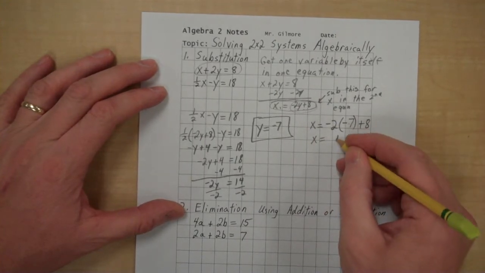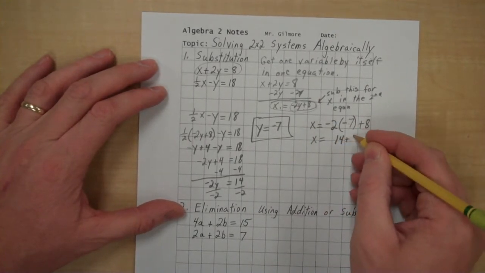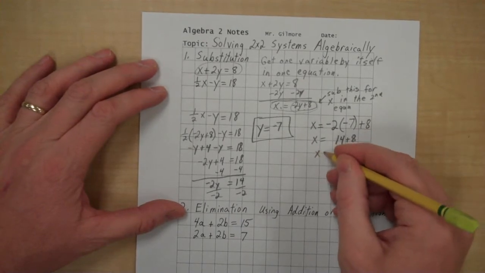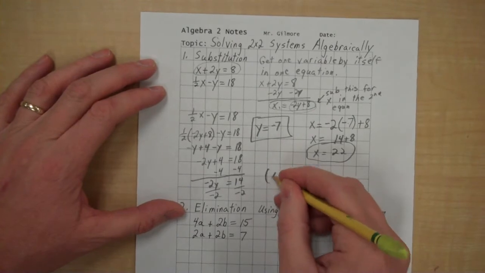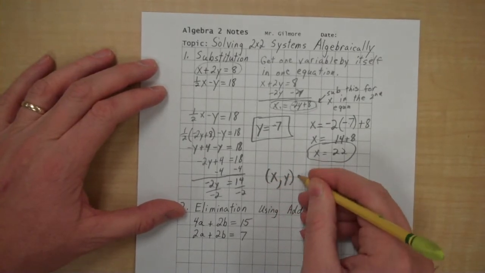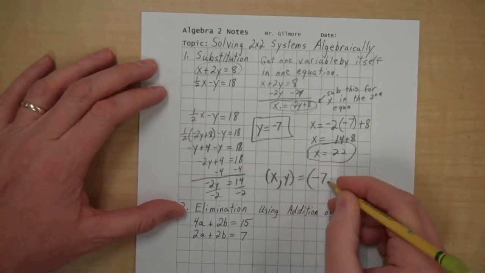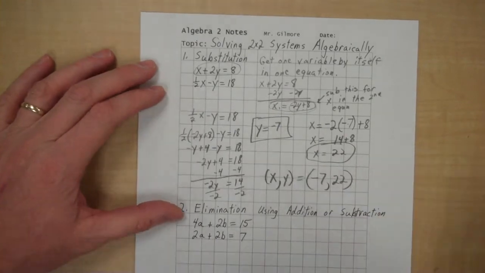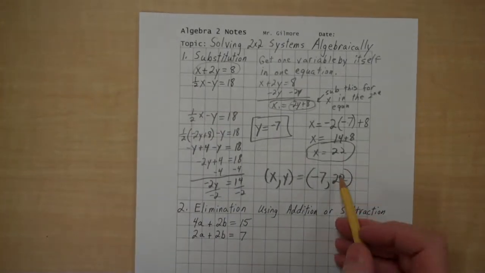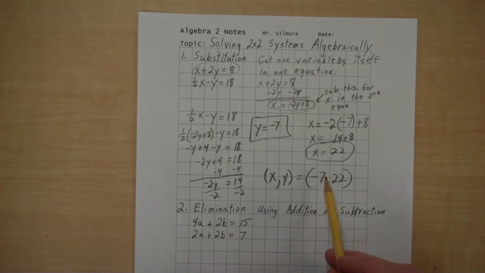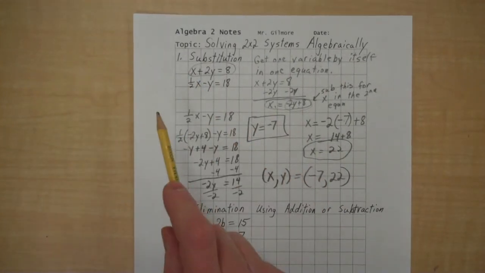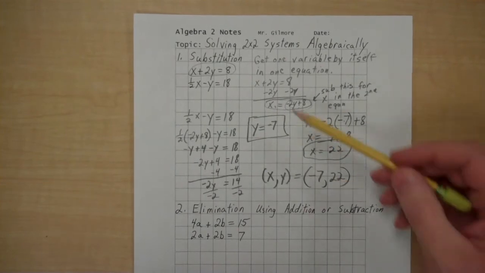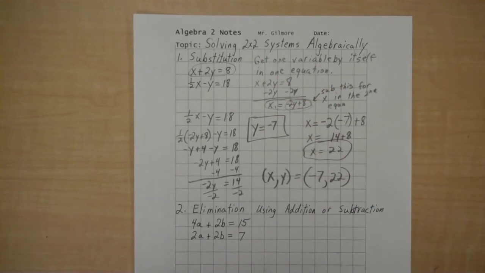Negative 2 times negative 7 is 14. 14 plus 8 is 22. So my answer is negative 7, 22. Now what I'd like for you to do, if you're so inclined, is to substitute negative 7 in for x, substitute 22 in for y, and see if that works.